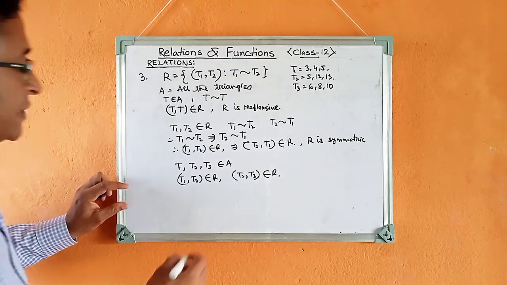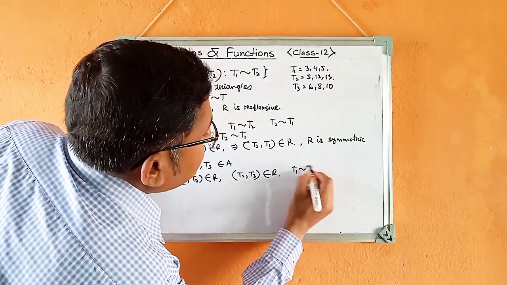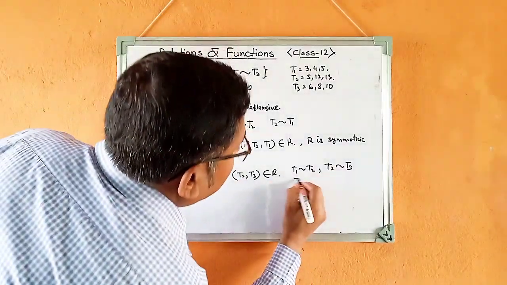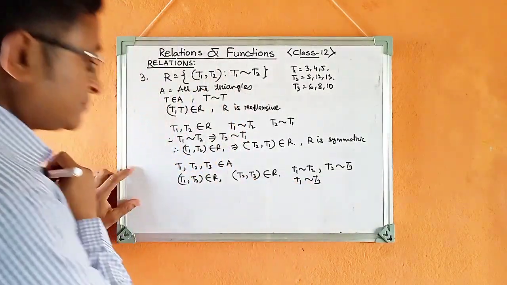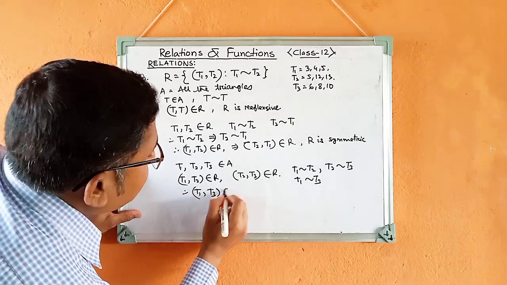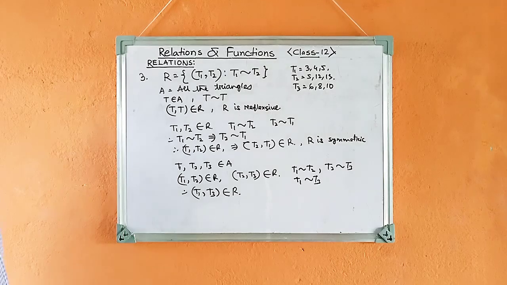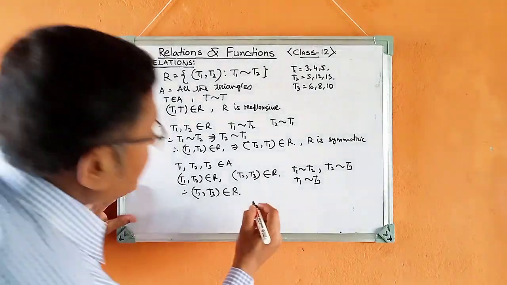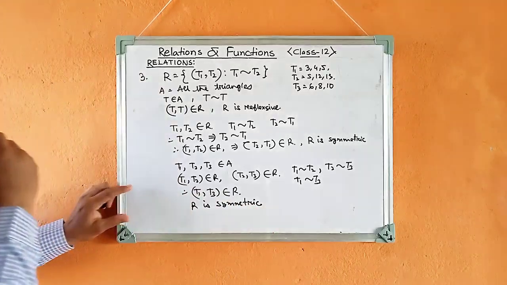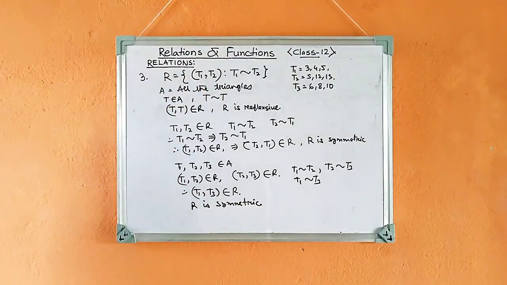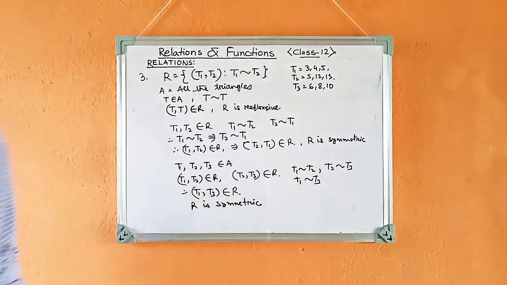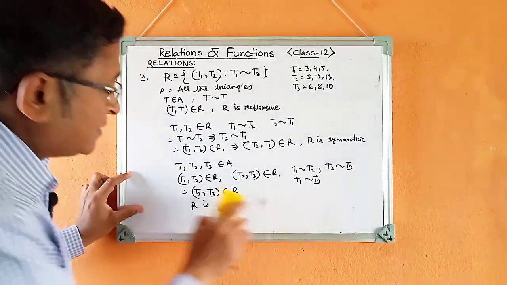That means we can write, T1 similar to T2, and T2 similar to T3, so T1 is similar to T3. So (T1, T3) obviously belongs to R. That means this relation is transitive. Sorry, not symmetric, this is a transitive relation. So this relation satisfies all the conditions: reflexive, symmetric as well as transitive.